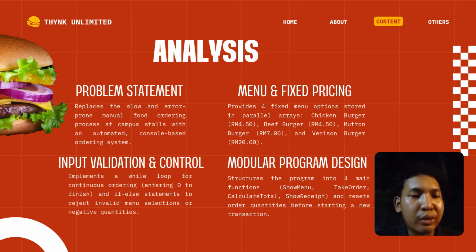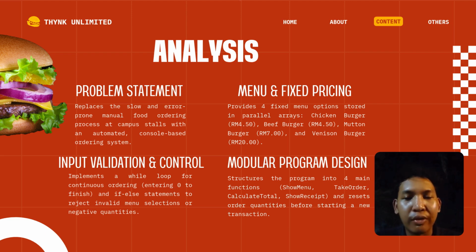Second, the menu and pricing, fixed pricing. We have provided 4 fixed menu options stored in parallel arrays, such as chicken burger RM4.50, beef burger RM4.50, mutton burger RM7, and vegan burger at RM20.